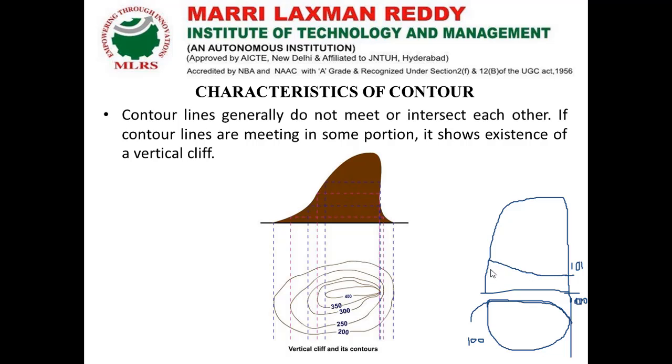But in the case here it is the same thing. So this is also 101. So the points are joining here. Similarly 102.